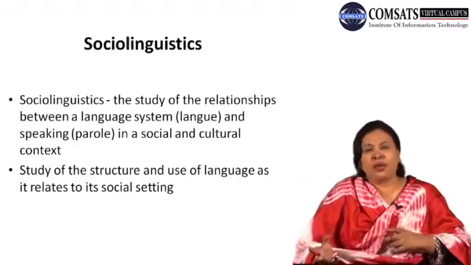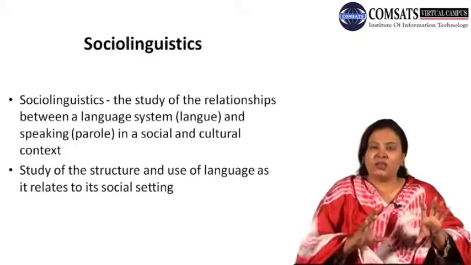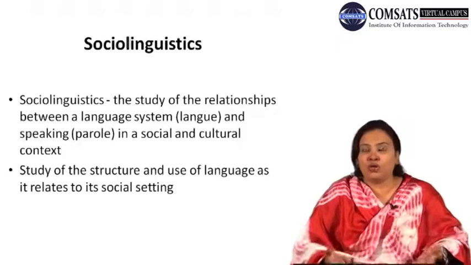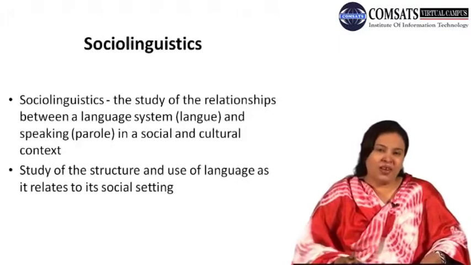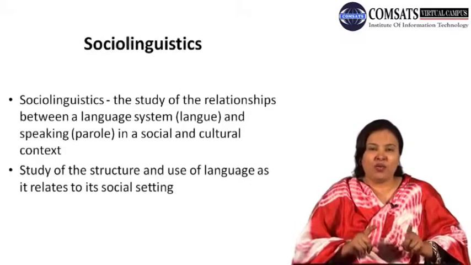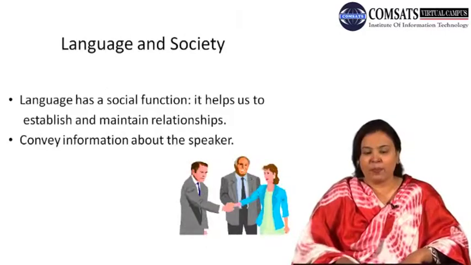Or in other words, the Sapir-Whorf hypothesis says that there is language as a basic thing and society is attached to it. Again, these are the controversies inside the discipline of sociolinguistics. But simply, sociolinguistics is the study of the relationship between language and society, how language is linked with society.